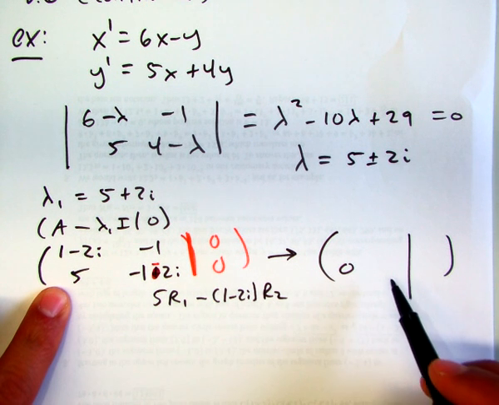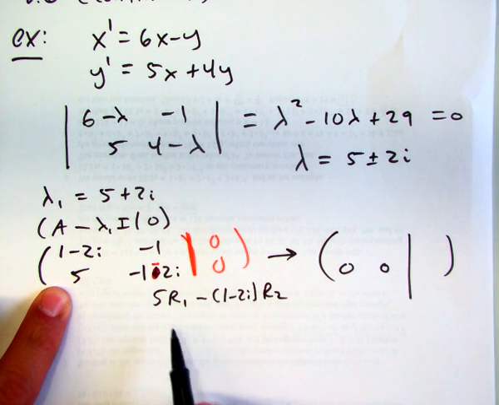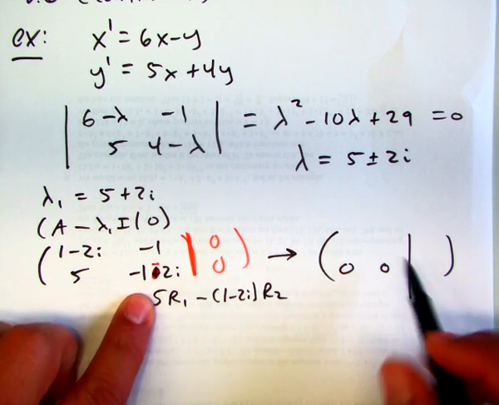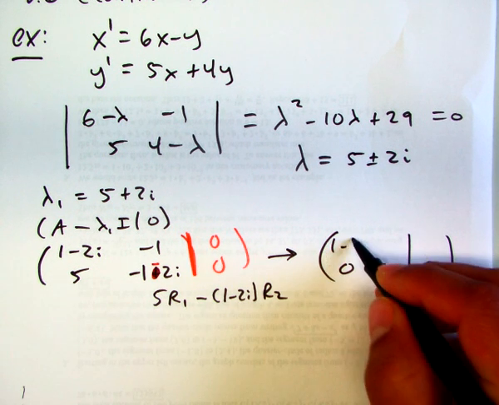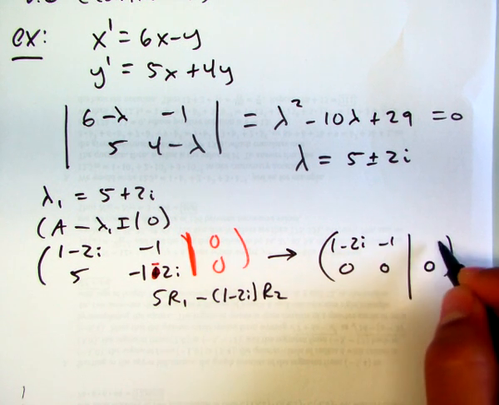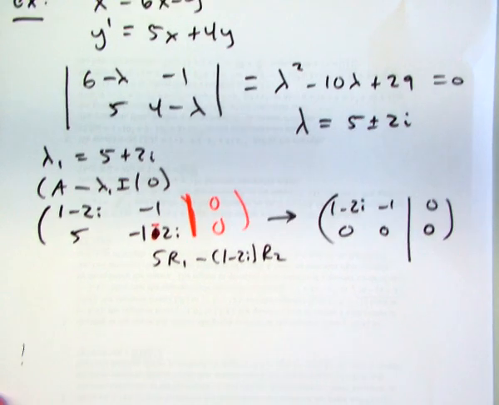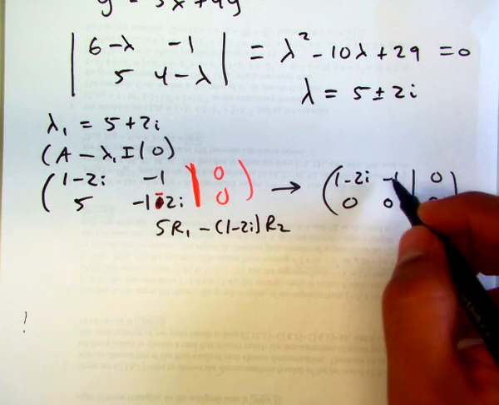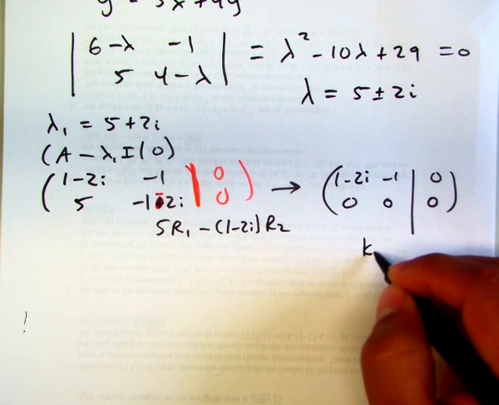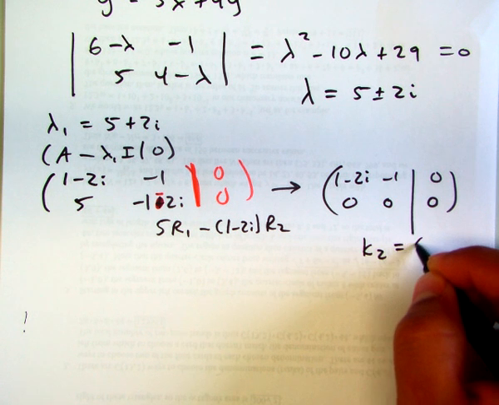You are going to get this second term to also equal 0. Now all we're left with is 1 minus 2i, negative 1, and 0. So if we solve for k2, we get that k2 is going to be 1 minus 2i times k1.